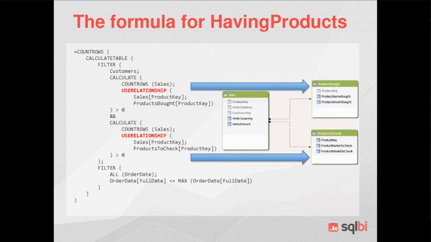Use relationship is the keyword used to say, in this context, for this subpart of the formula, I want to activate that specific relationship. So we will have this use relationship that activates the relationship with product both in this calculate, and these use relationships activate the relationship with product to check for this part of the calculation.